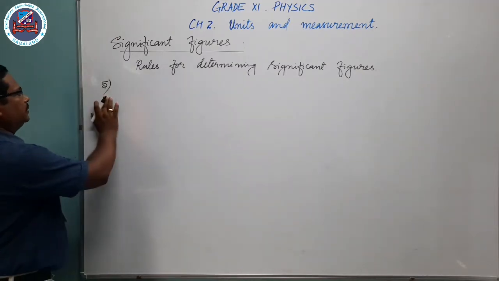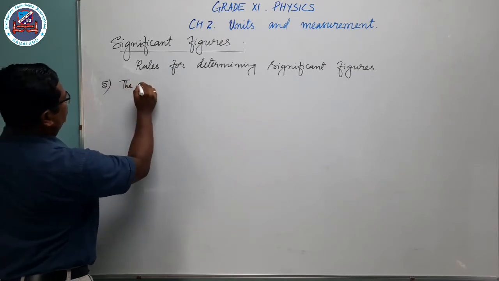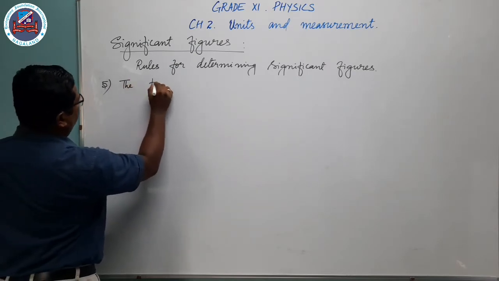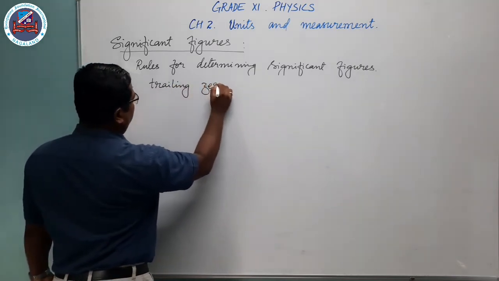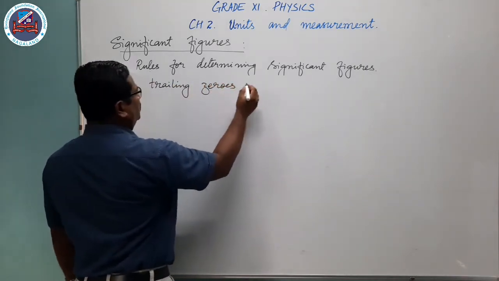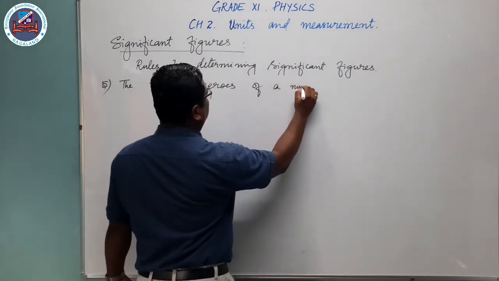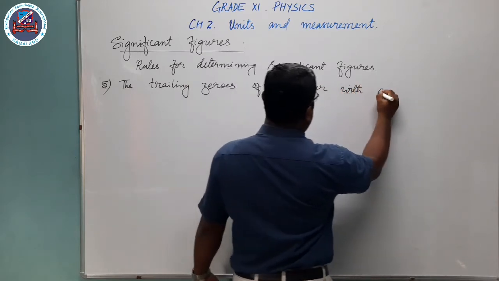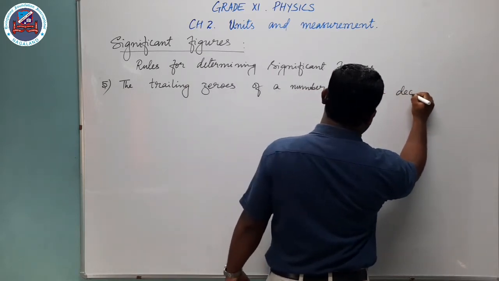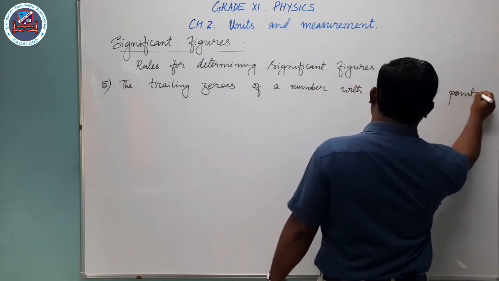The fifth point: the trailing zeros of a number with a decimal point are significant.